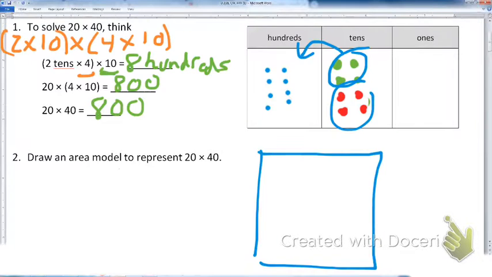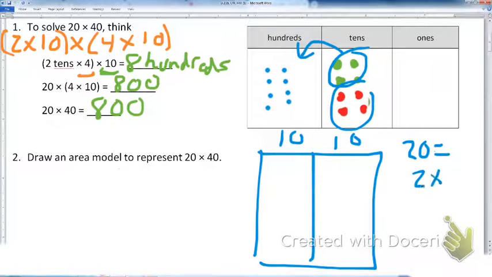So what we're going to do is break each one of these into tens. Really we have 2 tens. 20 equals 2 times 10.